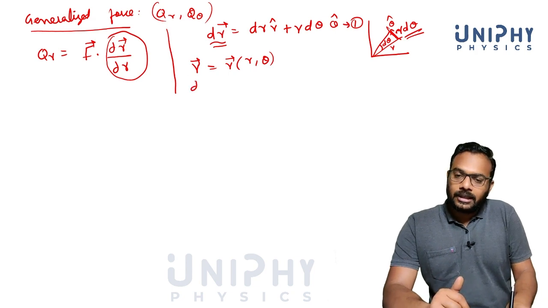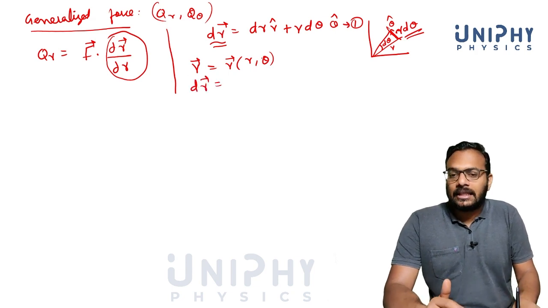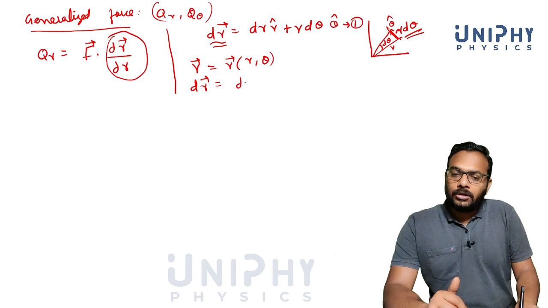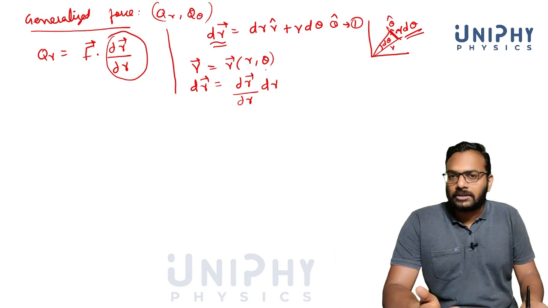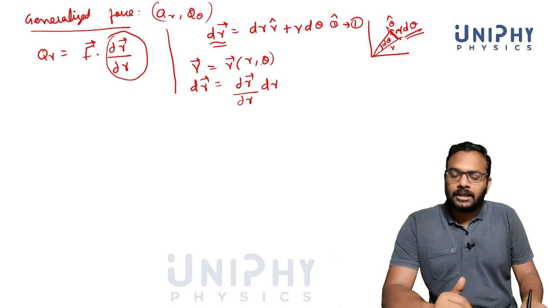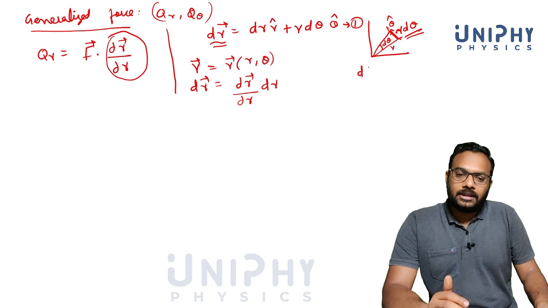Alright. So you can write dr vector also using the chain rule. That would be dou r vector by dou r dr. That's a chain rule. Alright. If you have got f of x comma y, for example, and you want to find df, this is known as the chain rule.